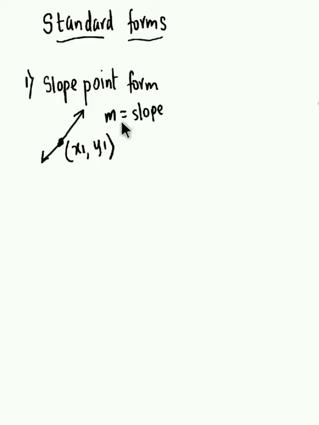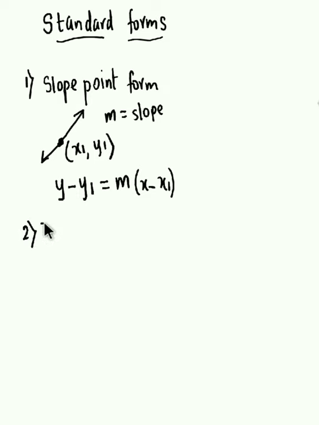So if we know the slope of the line and a point on the line, then we could obtain the equation of the line as y minus y1 is equal to m into x minus x1. So this is the first form, which we call the slope point form.